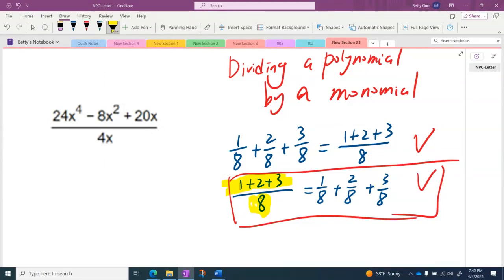We use term 1 in the top divided by the bottom, plus term 2 in the top divided by the bottom, plus term 3 in the top divided by the bottom. Do you see what I'm talking about here? That's the rule we are going to apply. How do we divide a polynomial by a monomial? Use each term in the top divided by the bottom and then add them together.